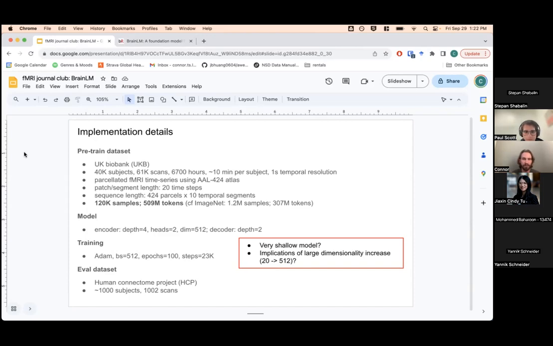Already discussed the parcellation. The temporal patch size is 20 time steps, and the context window is 10 time steps. So the overall sequence length of a given input is these 424 parcels by 10 of these time segments.